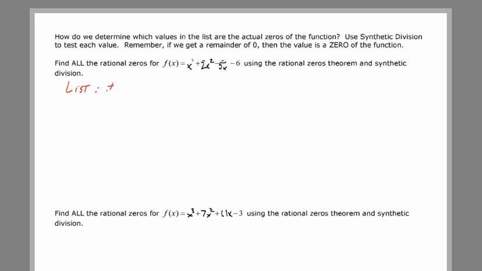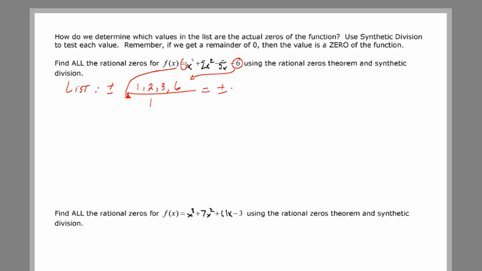It's going to be all possible values, positive and negative, of this constant at the end. All the factors of 6 are 1, 2, 3, and 6. And all the factors of the coefficient up front, 1, are just 1. So that one's not too bad.